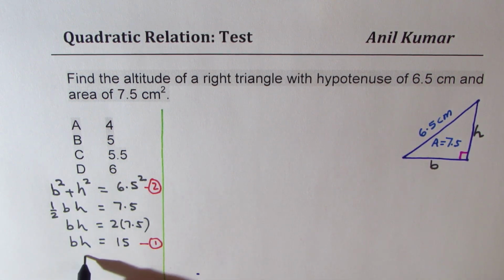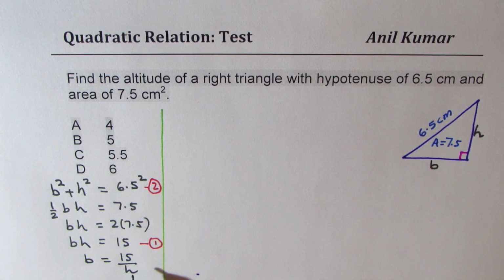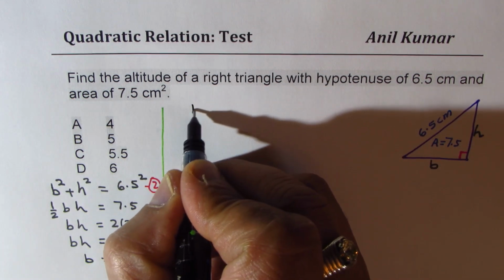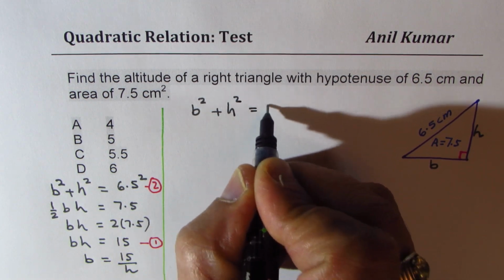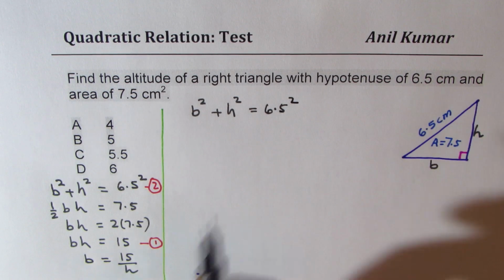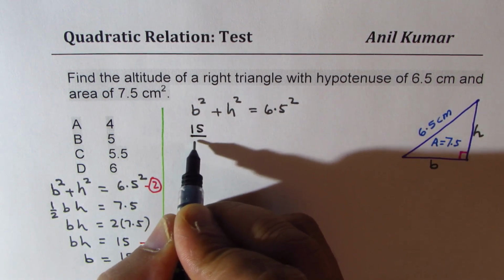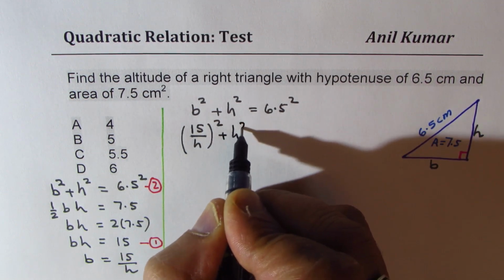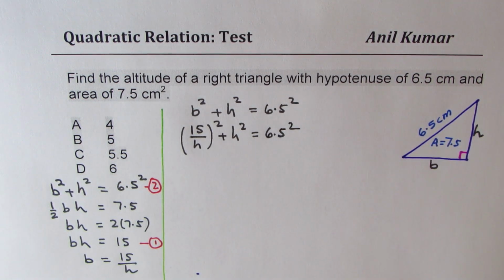So let base b equal 15 over h. In that case, substituting b as 15 over h in the first equation, b square plus h square is 6.5 square, and I'm writing b as 15 over h whole square, plus h square equals 6.5 square, correct?